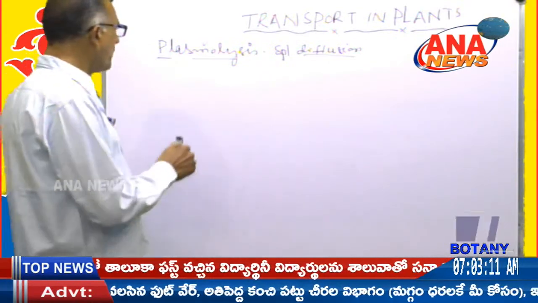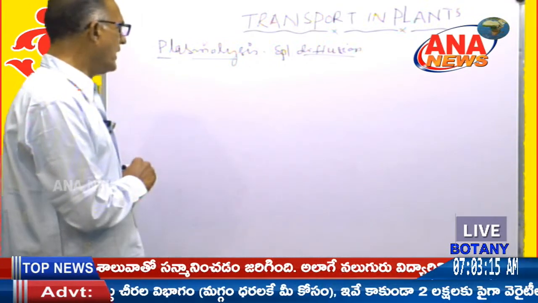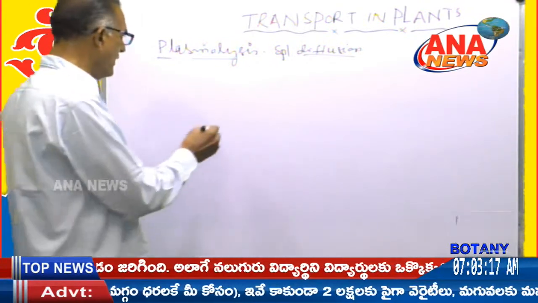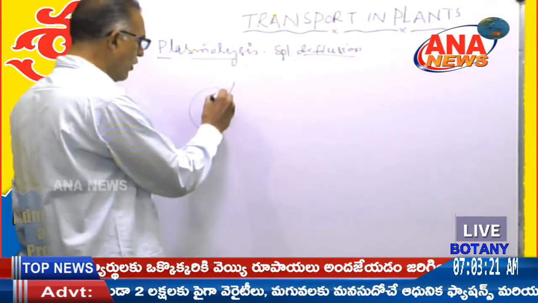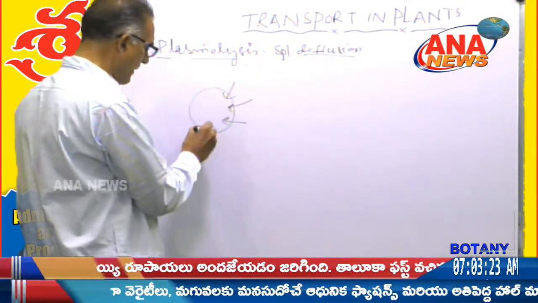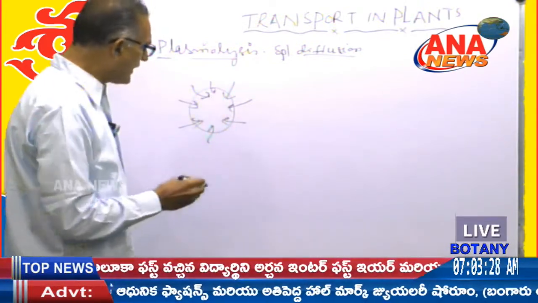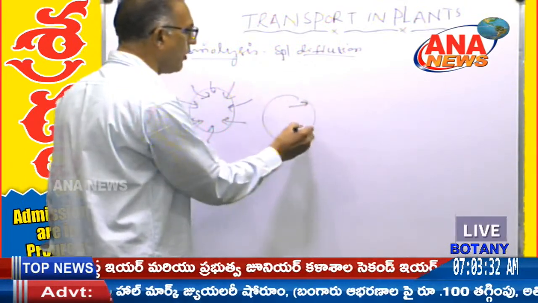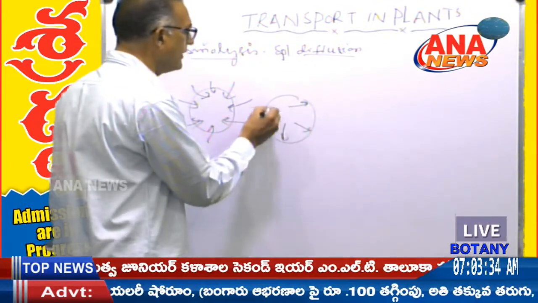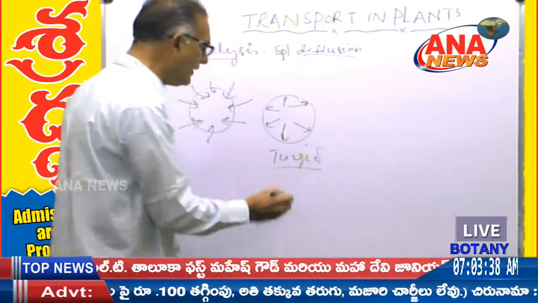When the cells are placed in hypotonic solution, it shows a reversible action to the plasmolysis. The water moves into the cell. As a result, it creates some pressure and exerts pressure on the cell wall. As a result, the cells become turgid.